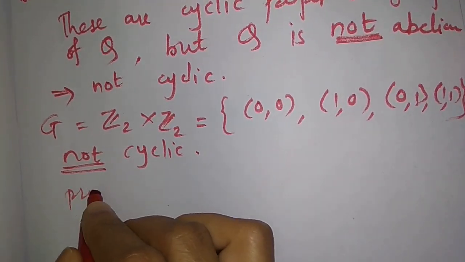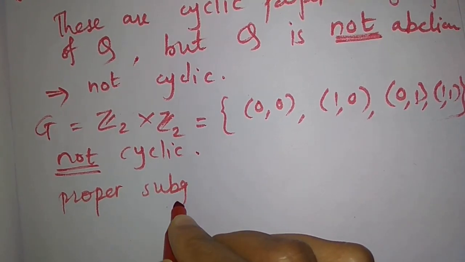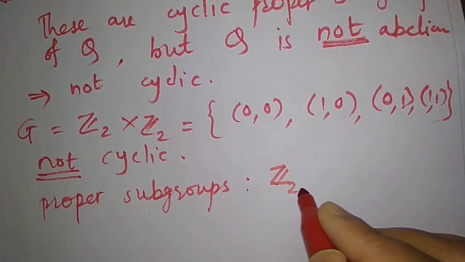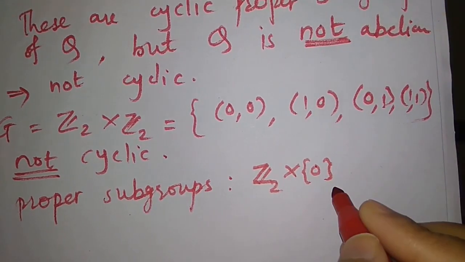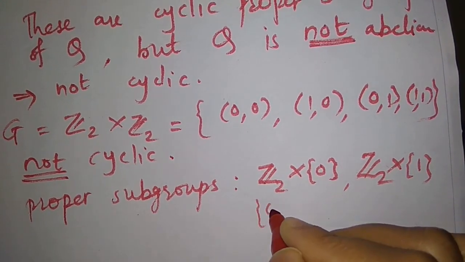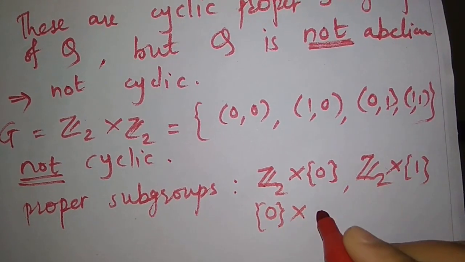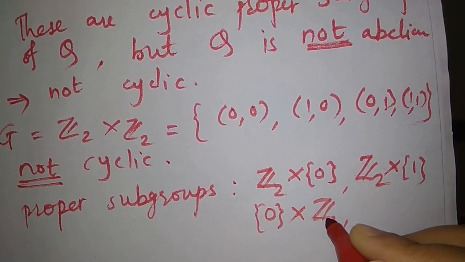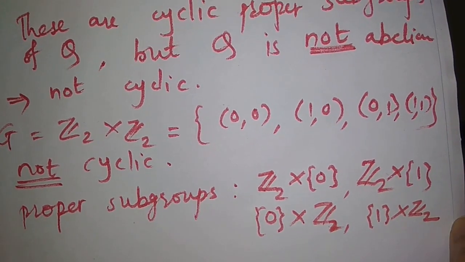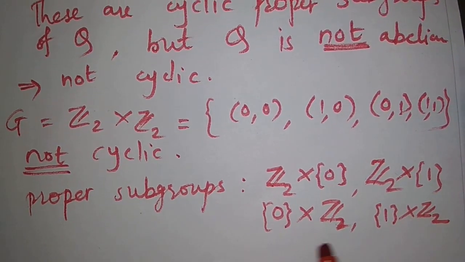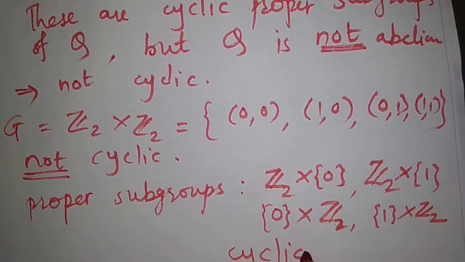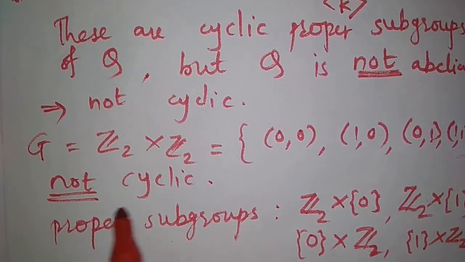These proper subgroups are cyclic, but the group itself is not a cyclic group.